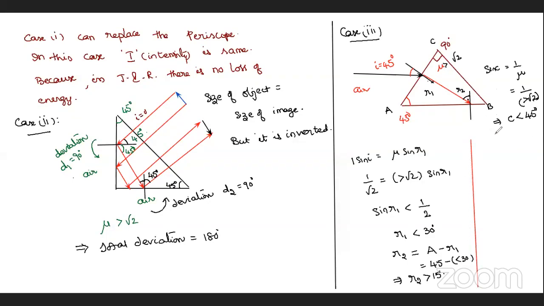So R2, what I am saying, R1 plus R2 is 45. So R2 is surely less than 45 degrees.